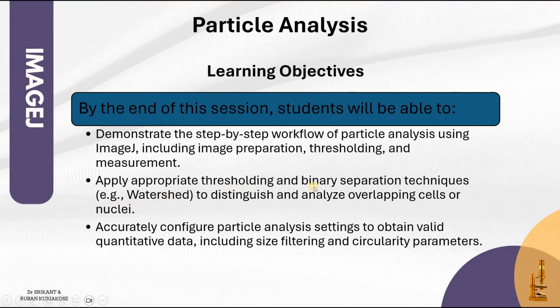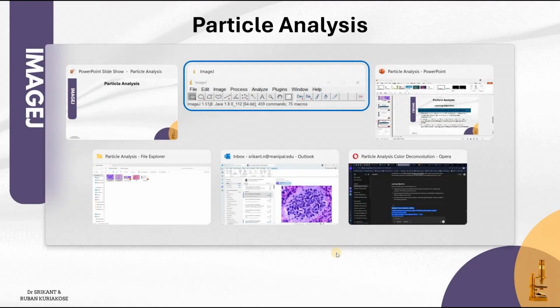The overlap can be analyzed by using binary separation methods. In this case, I will show you a method called the watershed method, where you can analyze the overlaps accurately. We'll also configure the analysis settings to obtain some quantitative data like the area of the cells, circularity parameters, etc. So let's dive into the process.